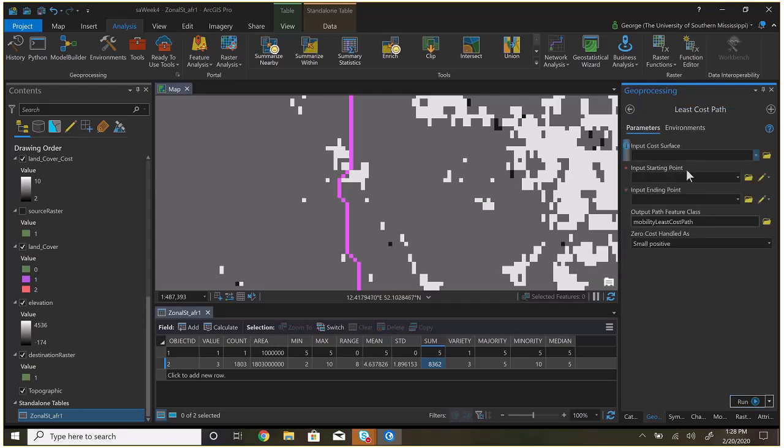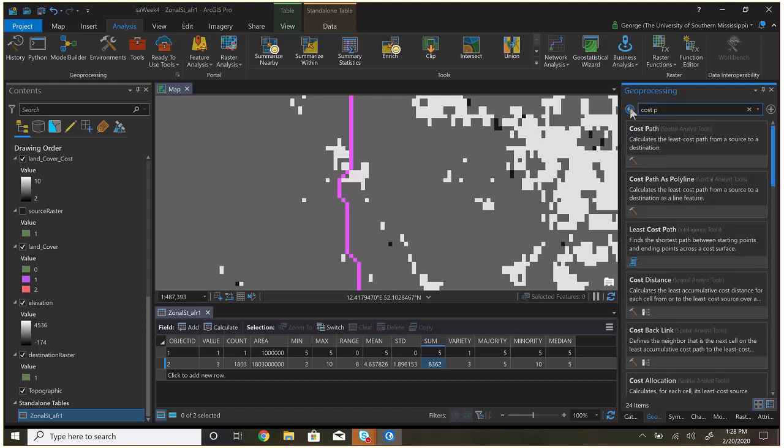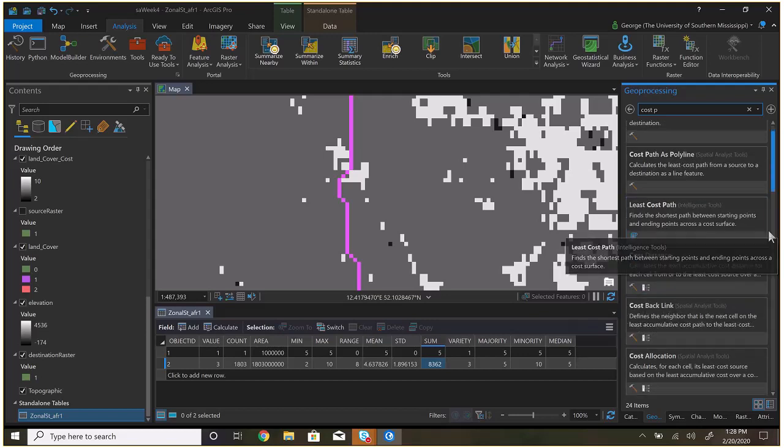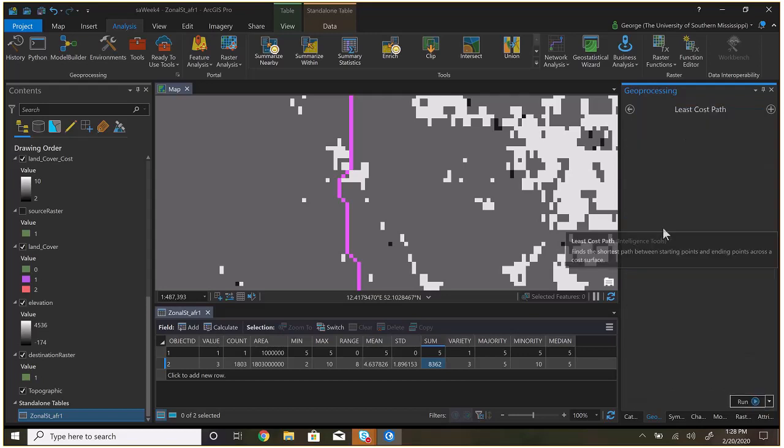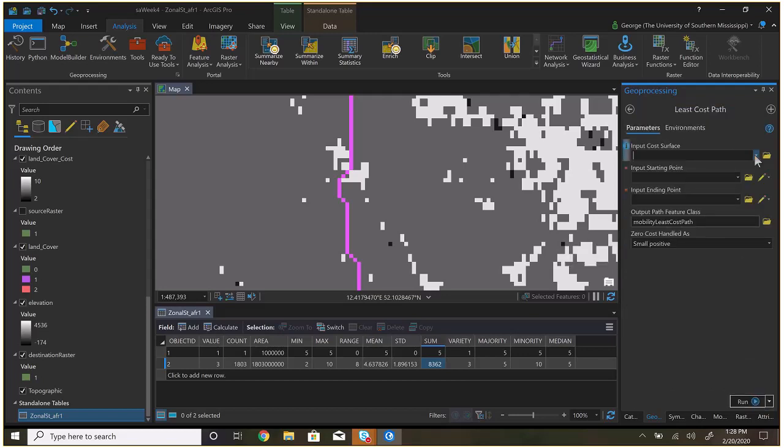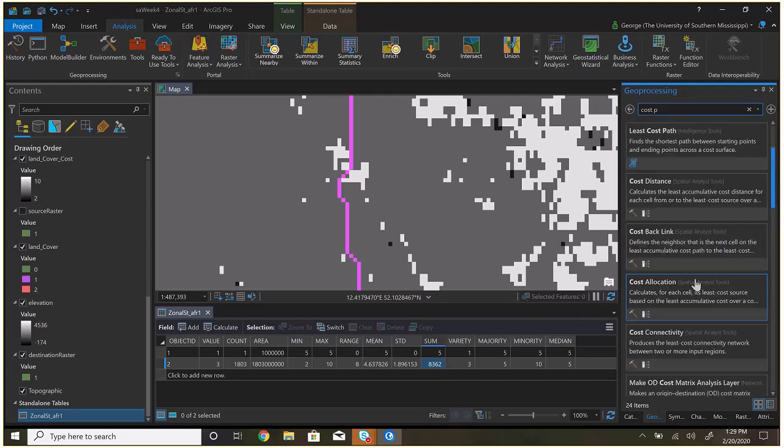You could run the least cost path tool here, input your cost surface, which is this. This is the starting and the ending, so this actually calculates everything in between for you.